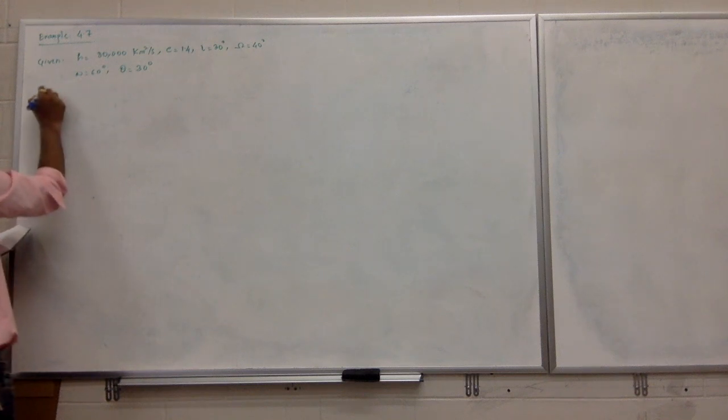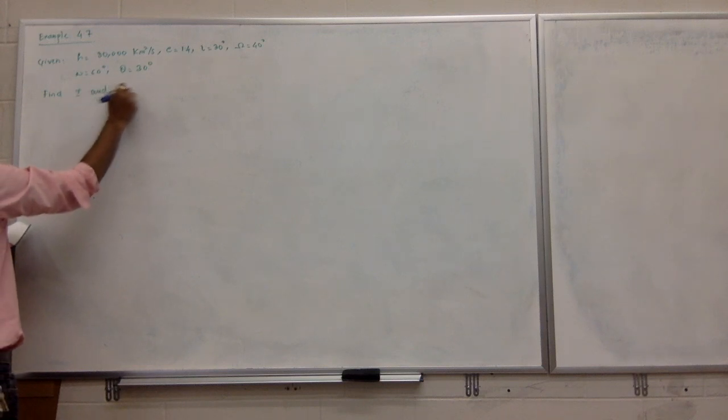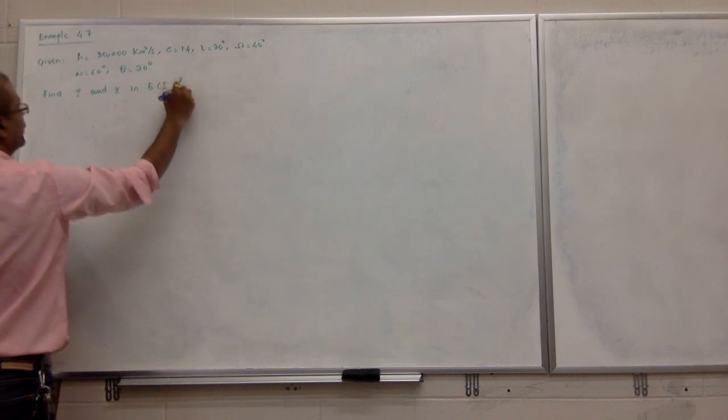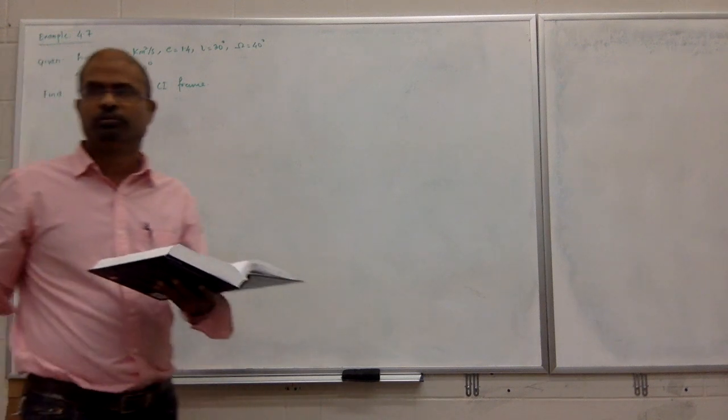You need to find R and V in ECI frame. Okay?